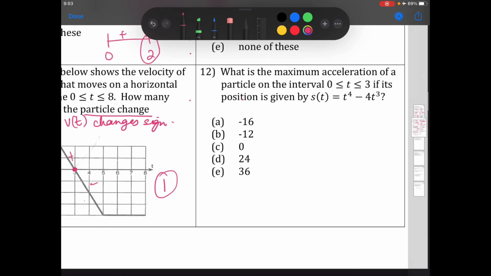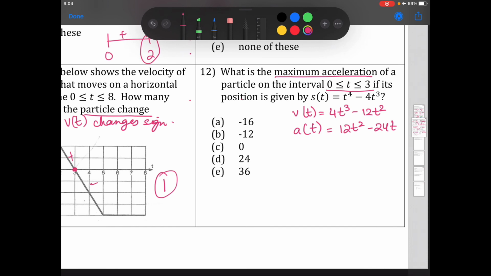Number 12. What is the maximum acceleration of a particle on this interval if its position is given by s of t equals t to the 4th minus 4t cubed? Maximum acceleration means I need to first know my acceleration equation. I have my position, so I'm going to first find my v of t, which would be 4t cubed minus 12t squared. My acceleration would be 12t squared minus 24t, right?